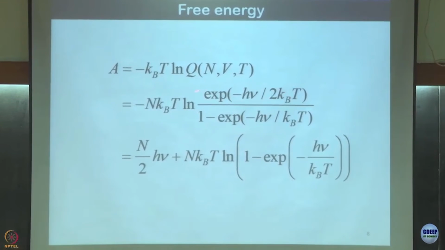Now a minus sign is there, minus sign is here. So now these are two logarithmic terms, I take that. So in the first term, this one I get n by 2 h nu, kBT cancels. Second one, n kBT remains, since in the denominator minus and minus gets cancelled, then I get 1 minus e to the minus h nu. So this is the canonical partition function of n number of harmonic oscillators.